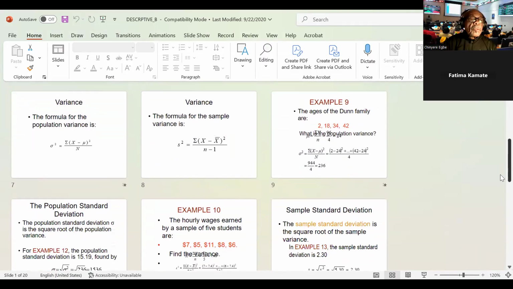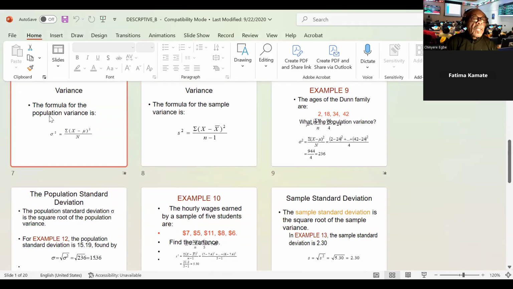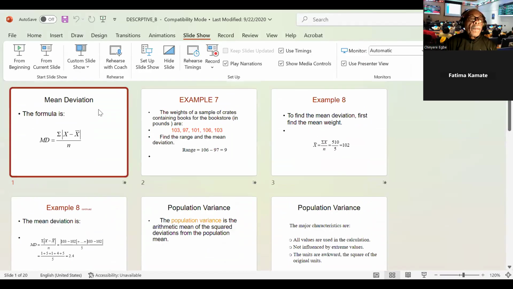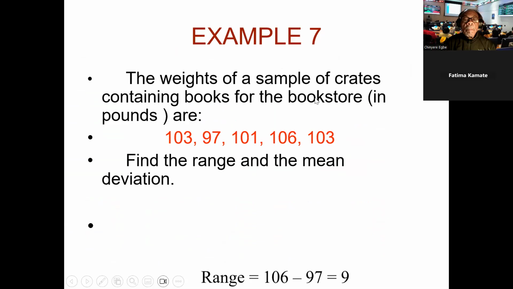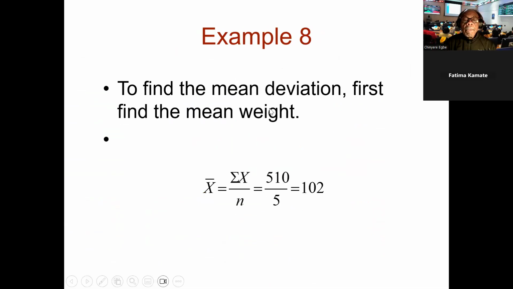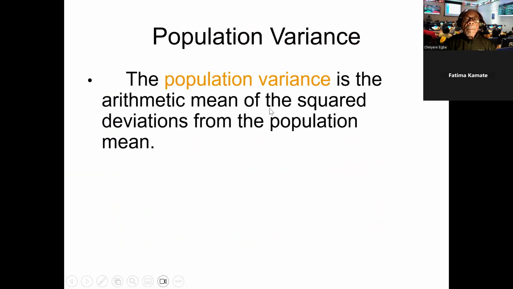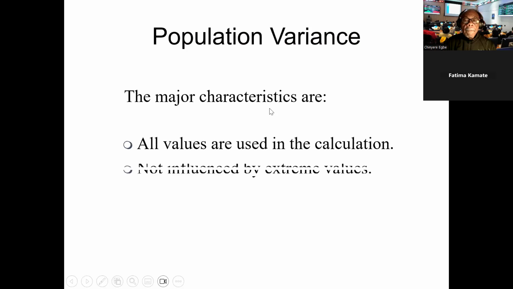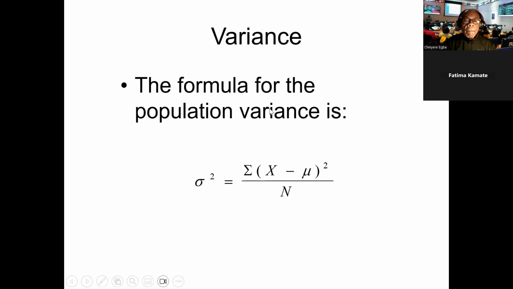Now, standard deviation. There is a population standard deviation. The population variance is symbolized by the Greek letter sigma squared.